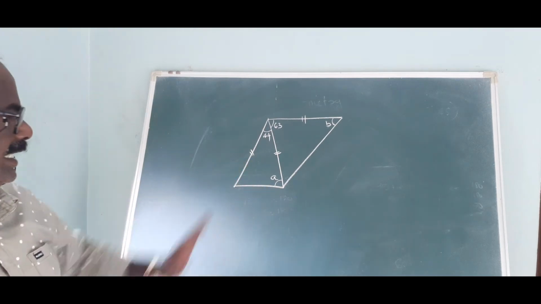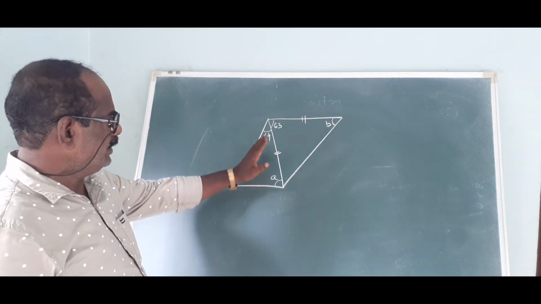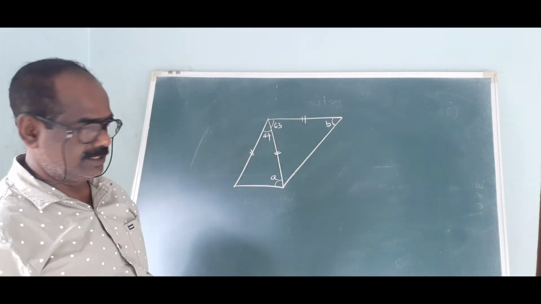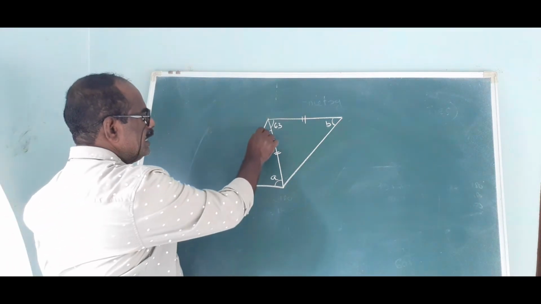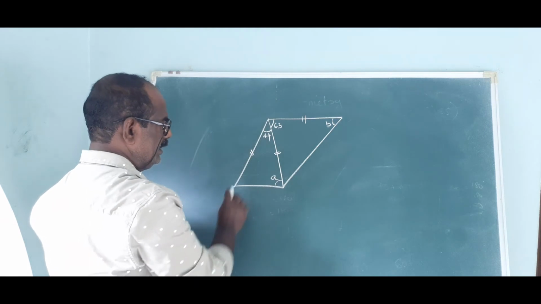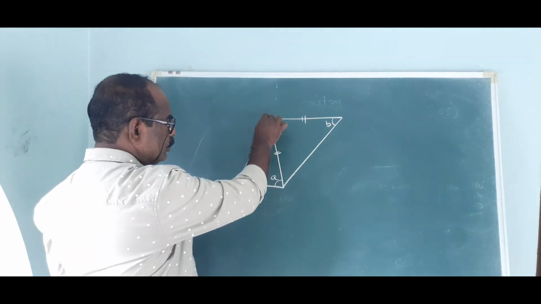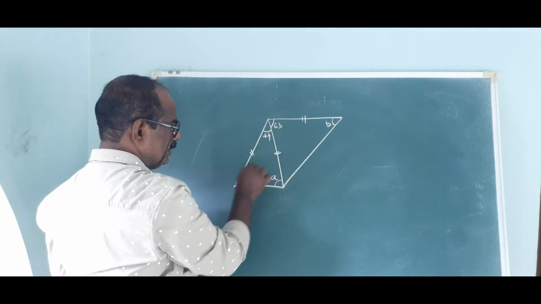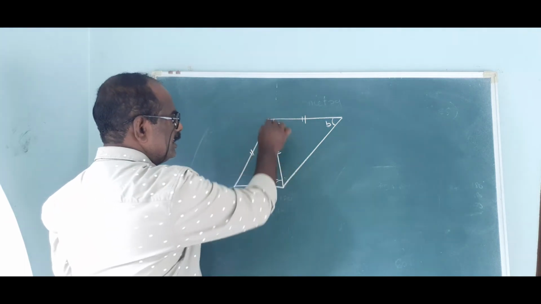Here on the figure the key is given. We studied what the figure says. This angle is equal to 44 degree and this angle is equal to 63. These two sides are equal, these two sides are equal, and these two sides are equal.